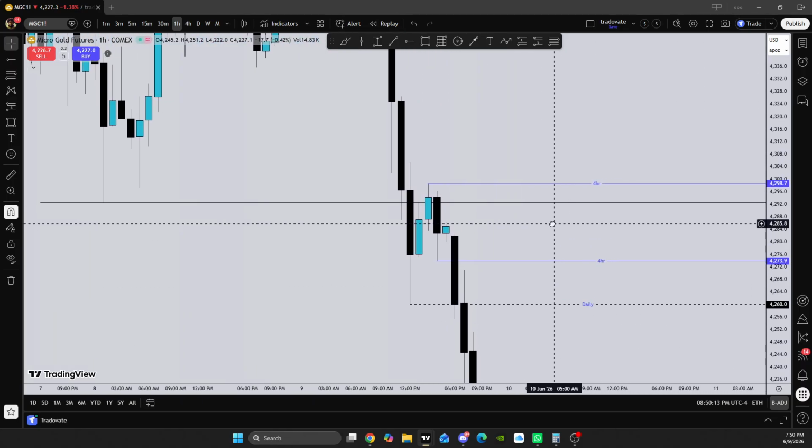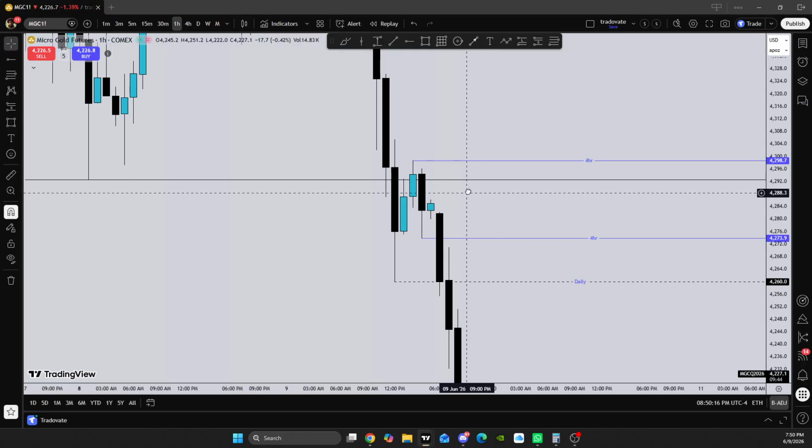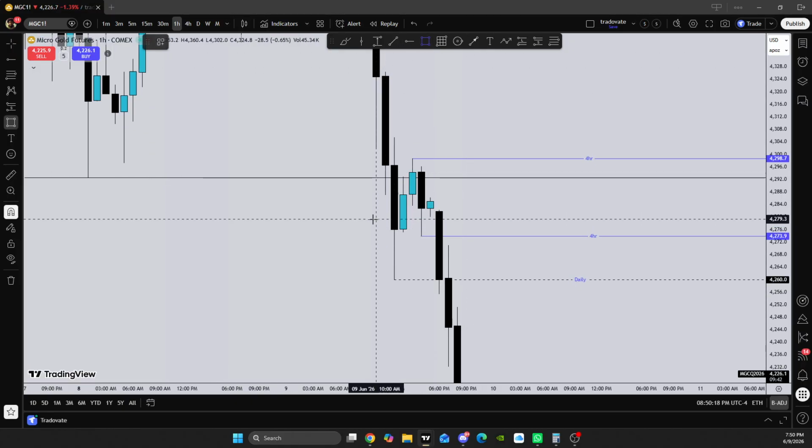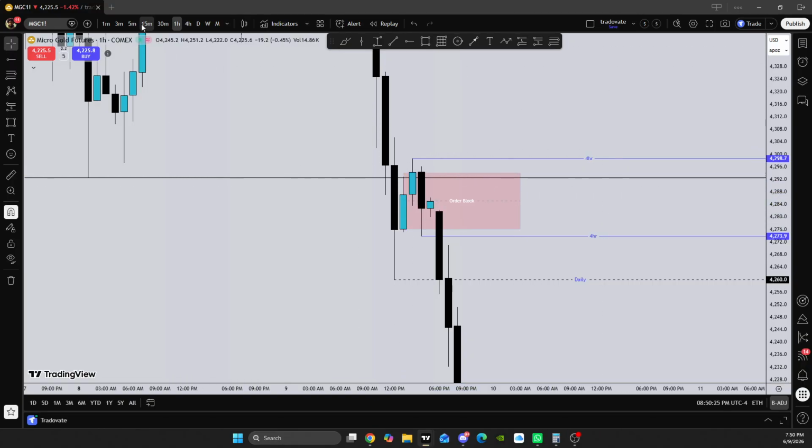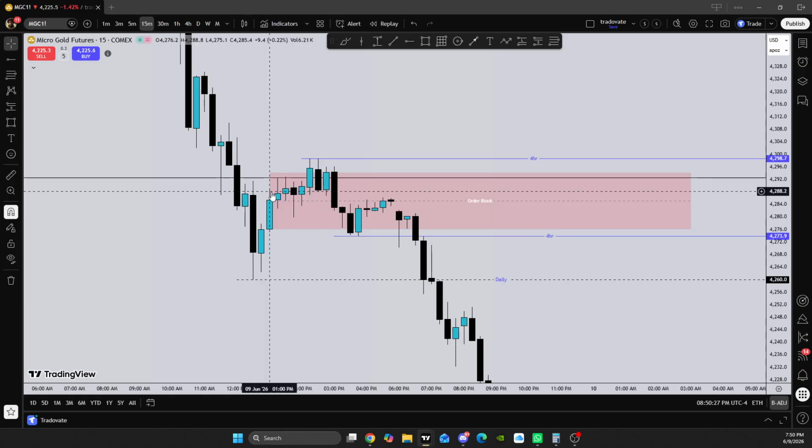Very clean, very clean. So we can look at this zone as an order block. And let's go inside the order block now to study price.